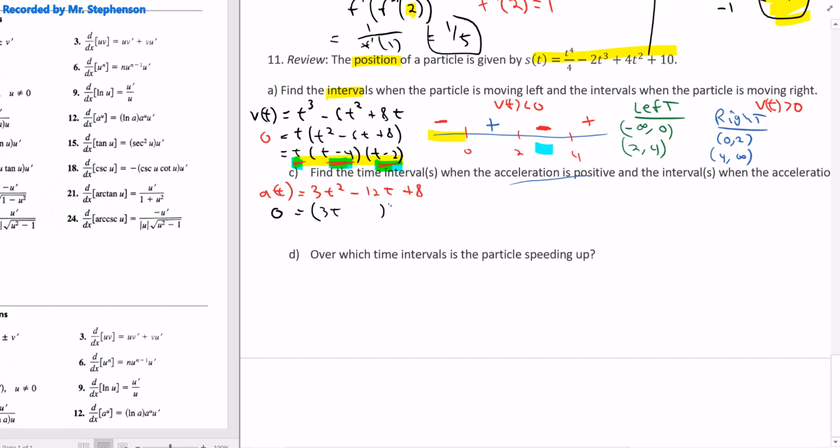3t and t. I've got to figure out how this is going to work so I can get negative 12 in the middle. I know the last two terms have to multiply to give me 8, so it could be 8 and 1, 2 and 4, or 4 and 2. And they both have to be negative because I'm getting a negative in the middle. 4 and 6, that's not going to work.